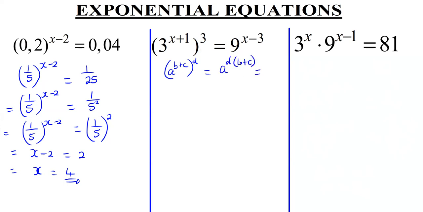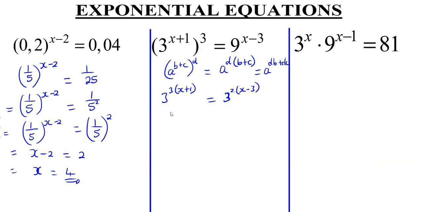So you must know that it's multiplying the exponent. So in this case it is 3 to the power of 3(x plus 1) equal to 3 to the power of... 9 is 3 squared, so it's going to be 3 to the power of (x minus 3), like that.